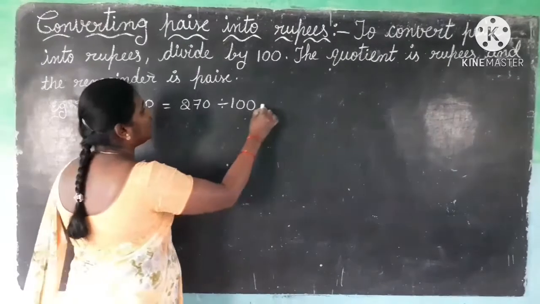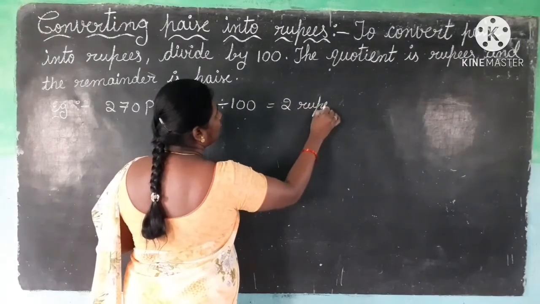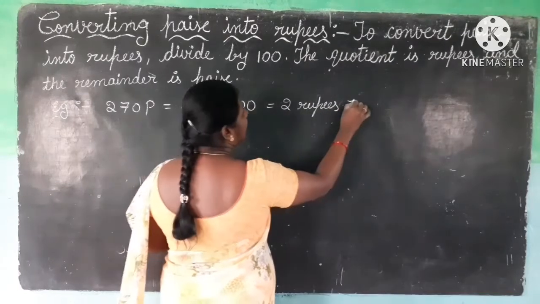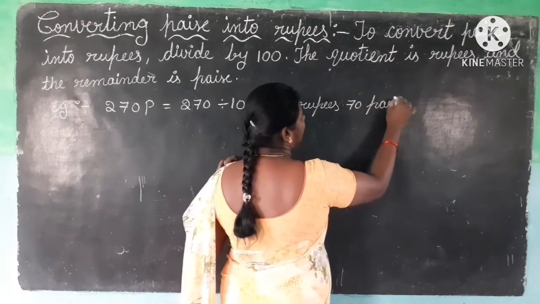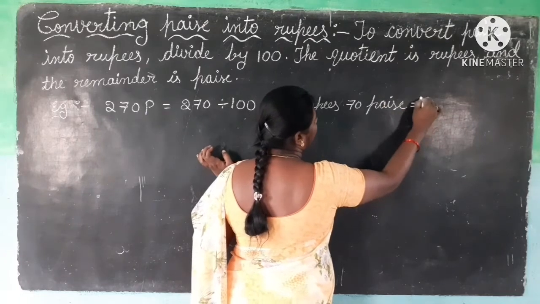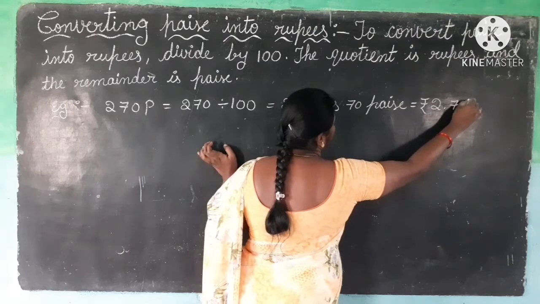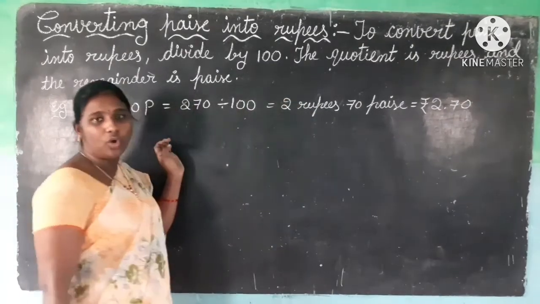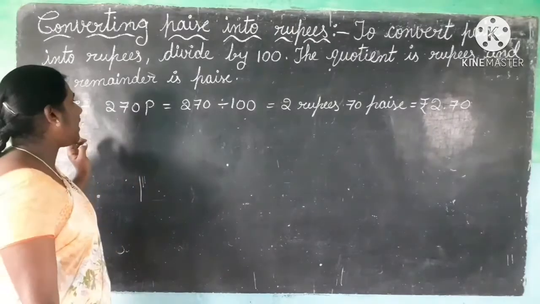So it is 2 rupees 70 pies. How should we write in figures? Rupees 2.70. Next one.